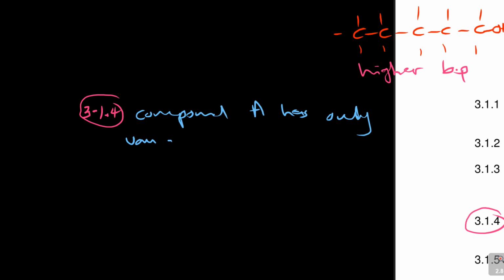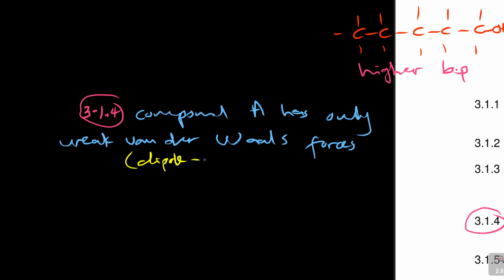Or you can even say that they have only weak Van der Waals forces, right? But you can be specific even here. These are dipole forces because of the carbonyl group. So compound A has only dipole forces, if you want, or Van der Waals forces.